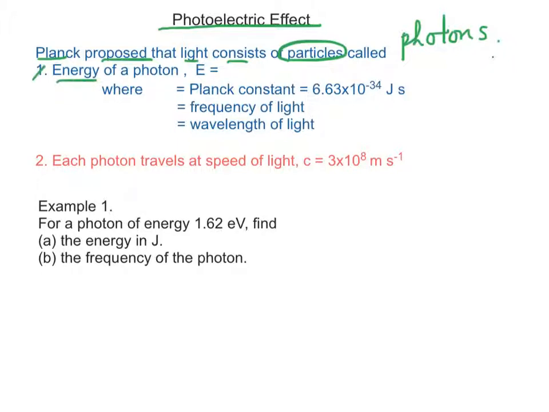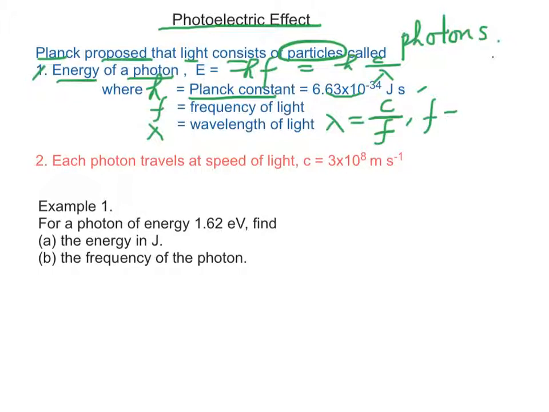The energy of a photon E equals hf equals hc over lambda, where h is the Planck constant equal to 6.63 times 10 to the power negative 34 joule-seconds. f is the frequency of the light, lambda is the wavelength of light, and lambda equals c over f, or we say f equals c over lambda, where c is the speed of light in vacuum.